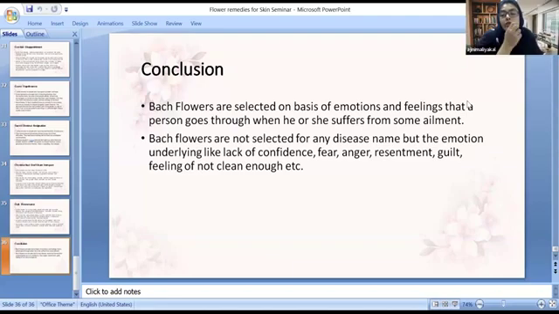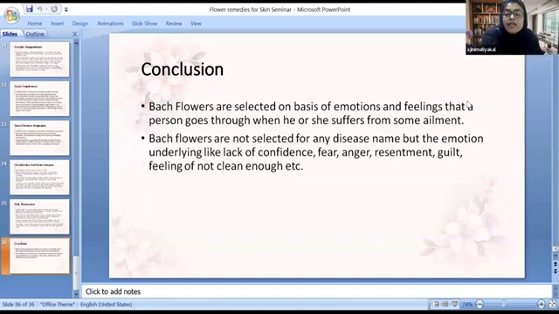One more thing I wanted to ask you, doctor. Sometimes we are getting it as a potentized form, but will it act or not? Usually they are sold as 30 potency only.